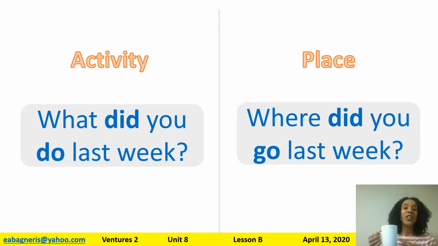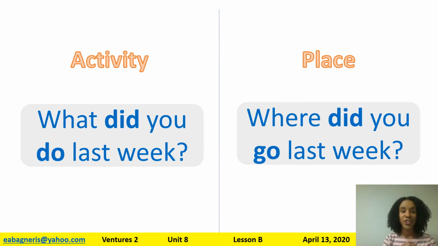So sometimes we use what questions to get information about something, to describe something. What is this? This is my coffee mug. But in this unit, we have been using what questions to talk about an activity. And many times when we are using what questions to talk about an activity, we will see it with the verb, do.